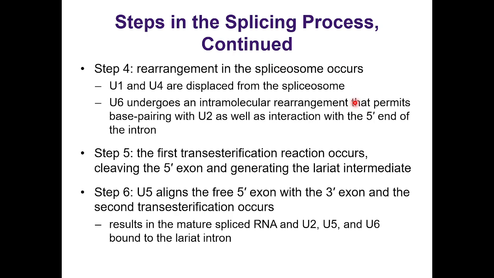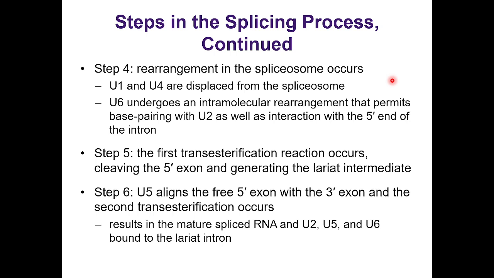So step 4, this is rearrangement in the spliceosome. This is going to then occur. Your U1 and U4 are going to be displaced from the spliceosome. U6 is going to undergo an intramolecular rearrangement. This will permit the base pairing with the U2 as well as interaction with the 5' of the intron. And so U4, your masker, and U1, which was in that first site at the beginning, upstream, right?